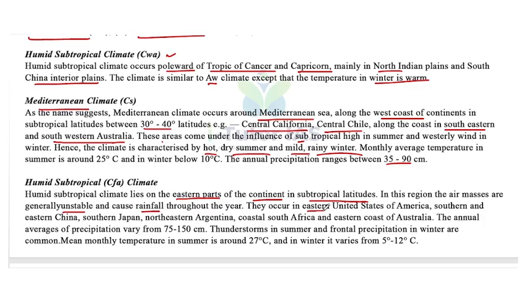They occur in the eastern United States of America. Averages of precipitation vary from 75 to 150 centimeter. Thunderstorms in the summer and frontal precipitation in winter are common.